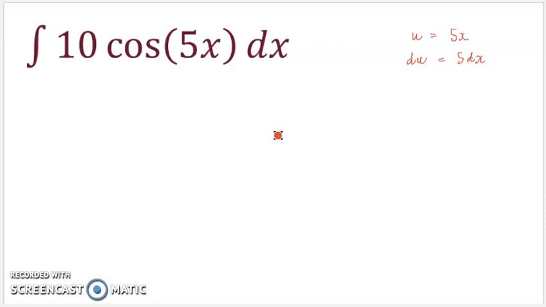And the equivalent of dx when we divide both sides by 5 is dx equals du over 5. Then we will rewrite our problem, 5x being u and dx as du over 5.